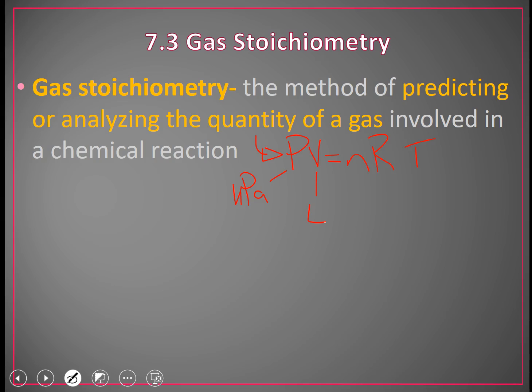N is moles. R is that constant of 8.314 kilopascals times liters divided by moles and kelvins. Because the units work that way, they all have to be in those appropriate units in order to cancel out and for me to solve for that unknown.